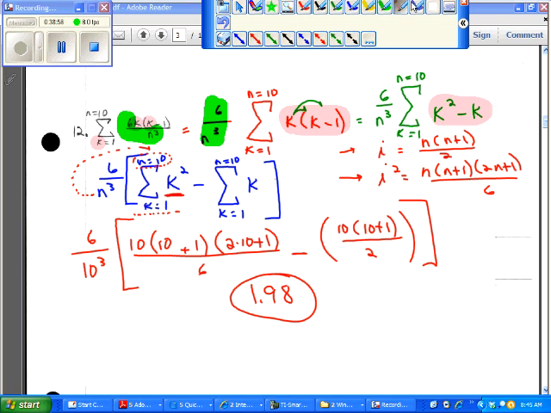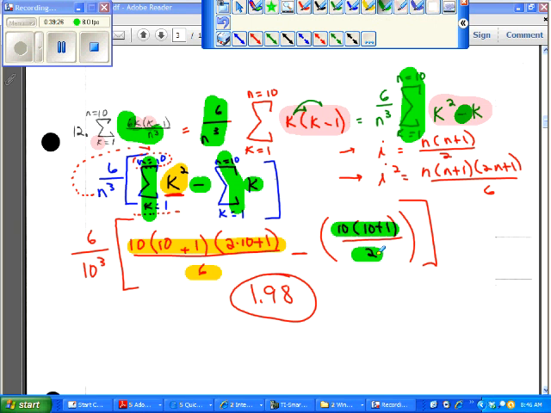And then we said the summation of a sum or difference is the sum or difference in the summations. And we still have our constant out there. And then we said, well, the expansion of k squared is upper bound times upper bound plus 1 times 2 times upper bound plus 1 over 6. And then the expansion of k was upper bound times upper bound plus 1 over 2. And we were able to solve.